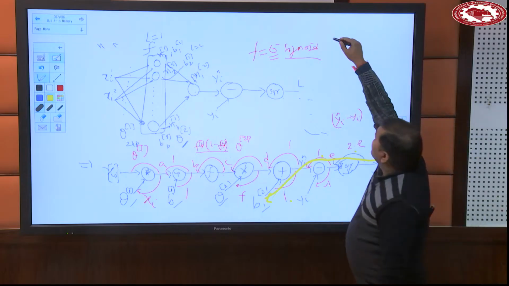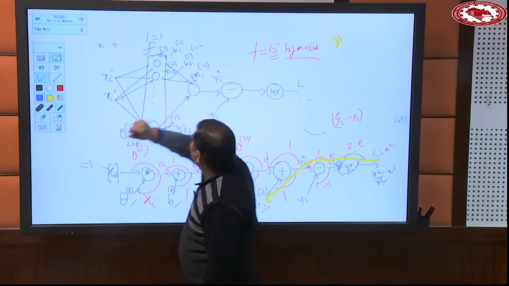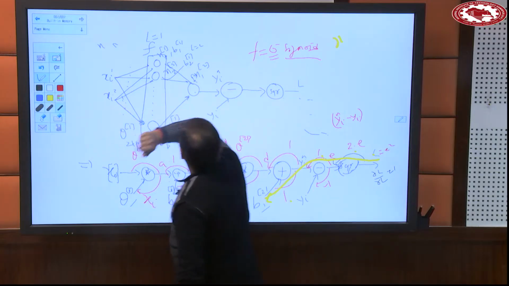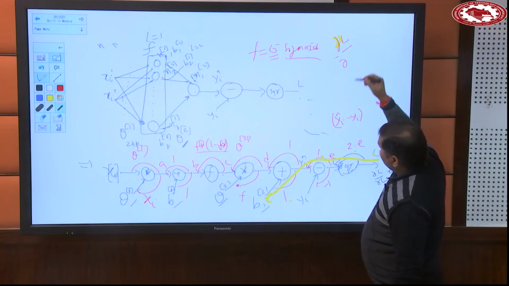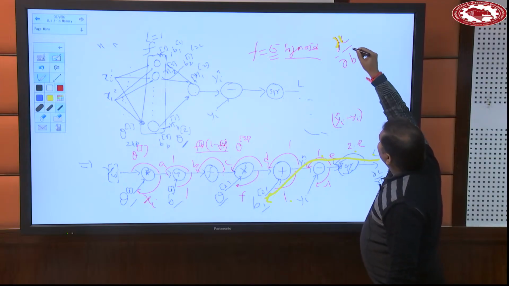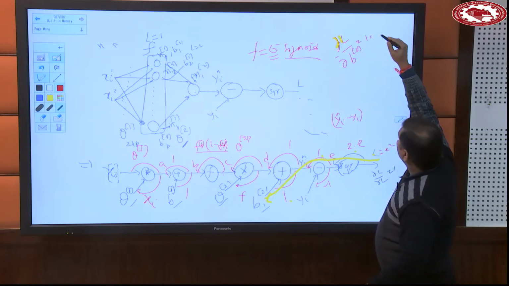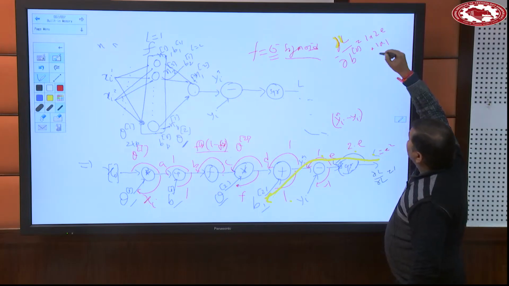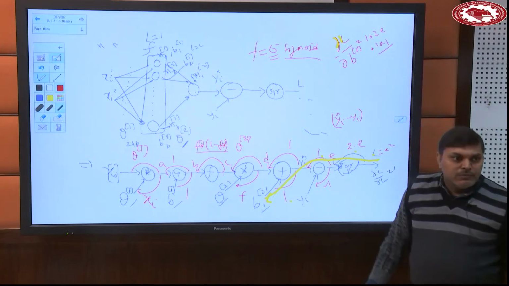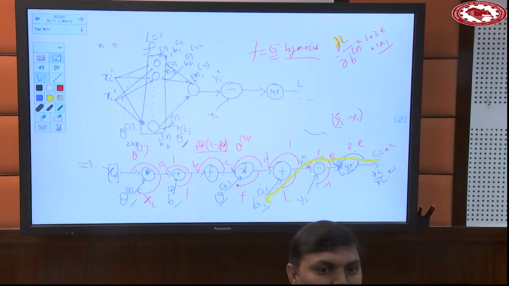So the gradient of this loss with respect to b2 is 1 into 2e into 1 into 1. So it is 2e. And what is e? yi cap minus yi.